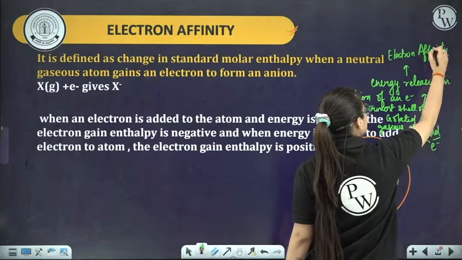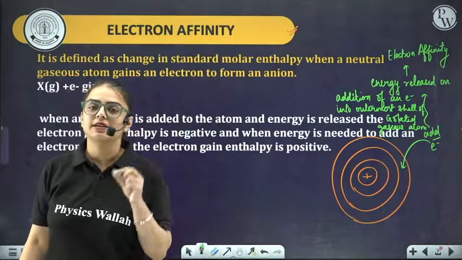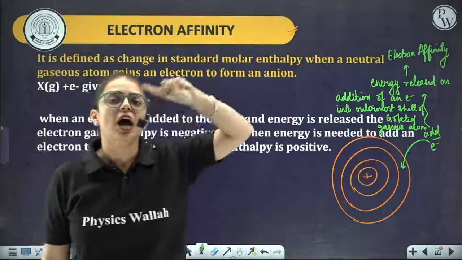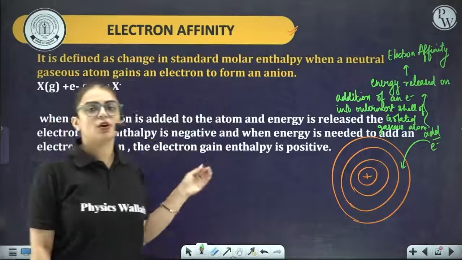Repeating again, what is electron affinity? The energy released when you are entering one electron into the outermost valence shell. So that energy released is electron affinity.